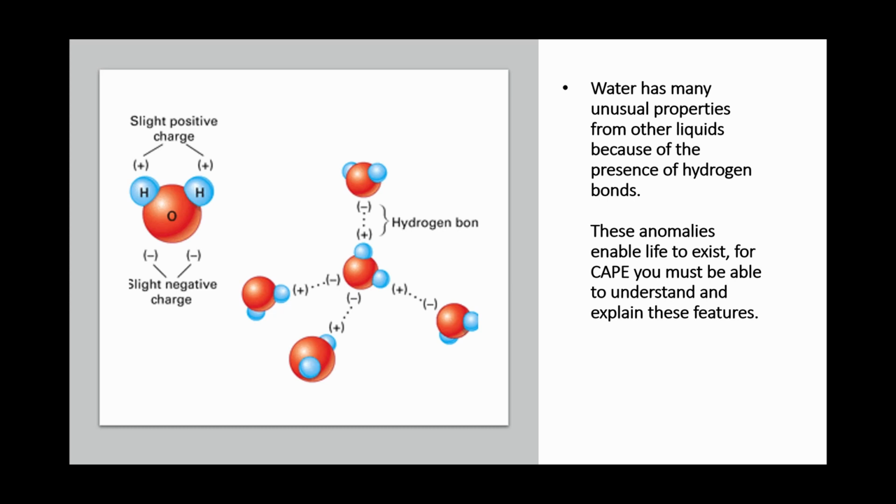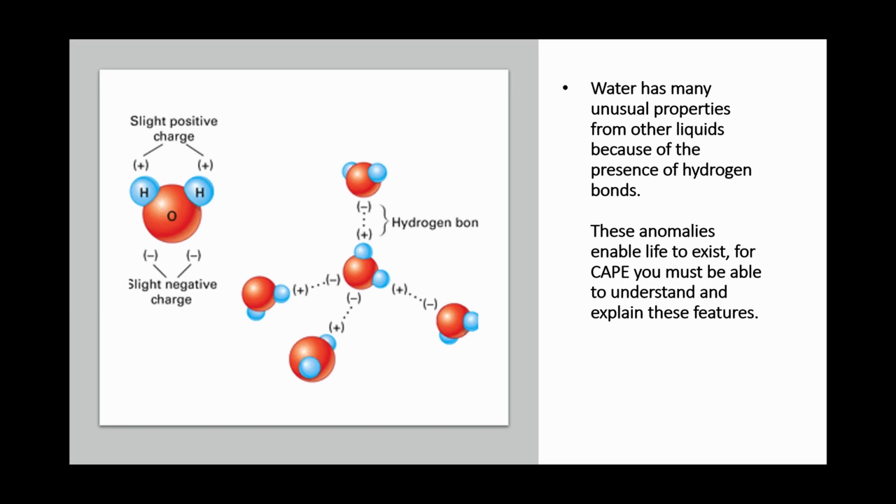And as you can see from the diagram, one water molecule can form four hydrogen bonds. These hydrogen bonds by themselves are weak, but in water there are so many hydrogen bonds that it becomes a strong force collectively.